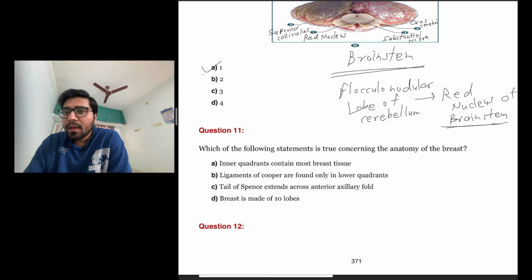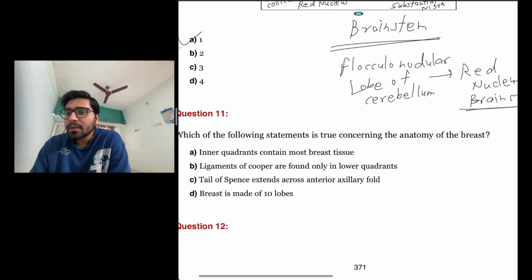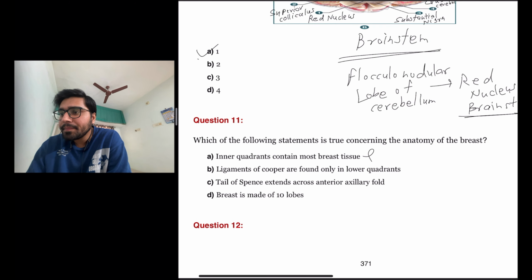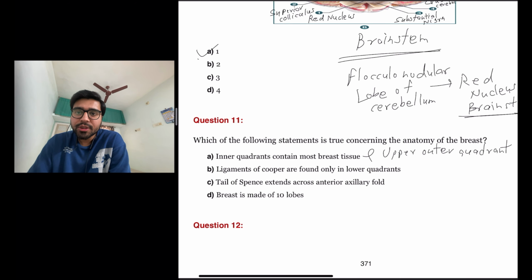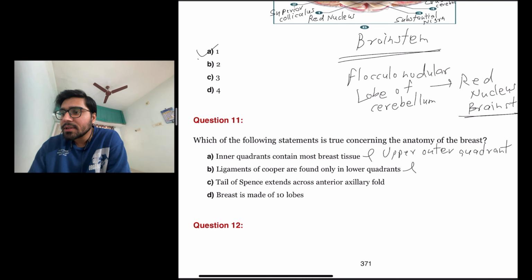The next question is which of the following statements is true concerning the anatomy of the breast? The first statement is inner quadrants contain most breast tissue. This one is false. Upper outer quadrant contains the most breast tissue. The next statement is ligaments of Cooper are found only in lower quadrant. This one is completely false.